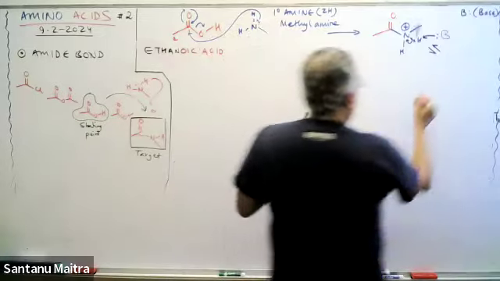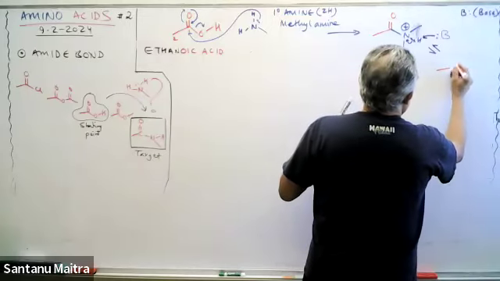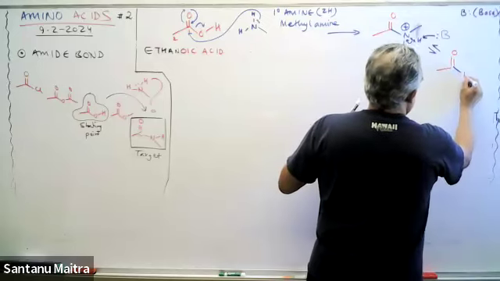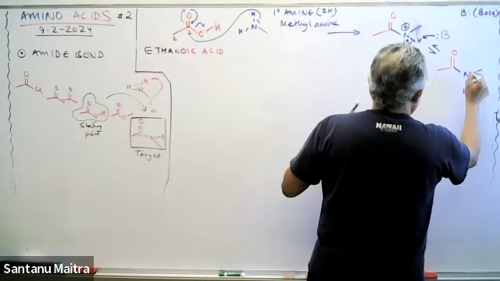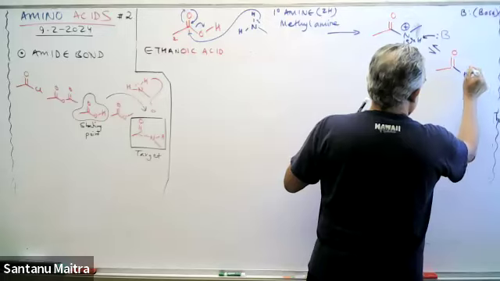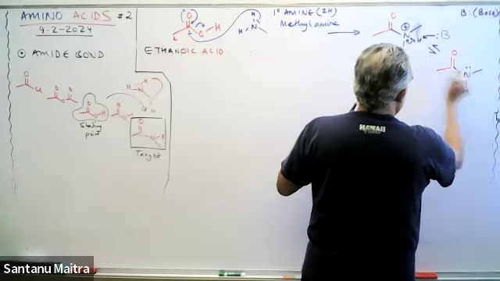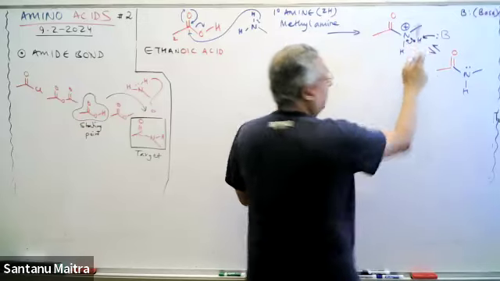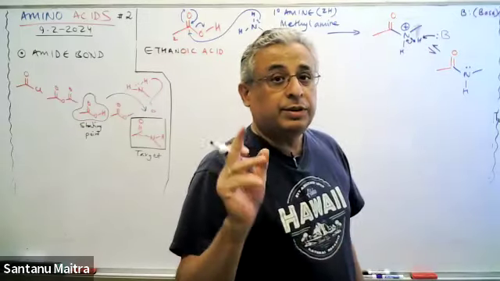So what does the final product look like? The final product looks like this. All happy, and you got a lone pair. That's this lone pair. That's this bonding electron between the nitrogen and hydrogen. It's easy to lose a proton.